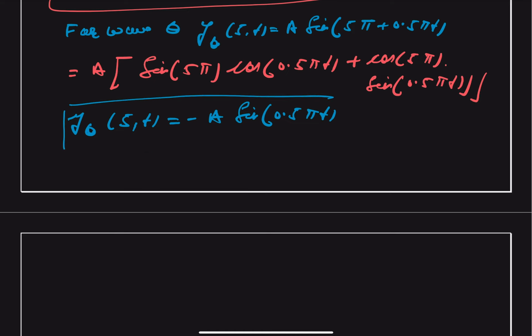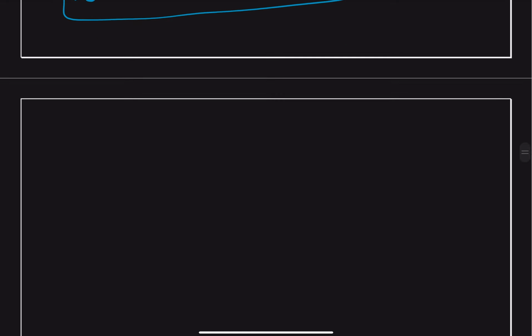So total displacement will be equation 1 plus equation 2. Total displacement, let us call it y total, y_t at 5 comma t will be equal to y of p at 5 comma t plus y of q at 5 comma t.